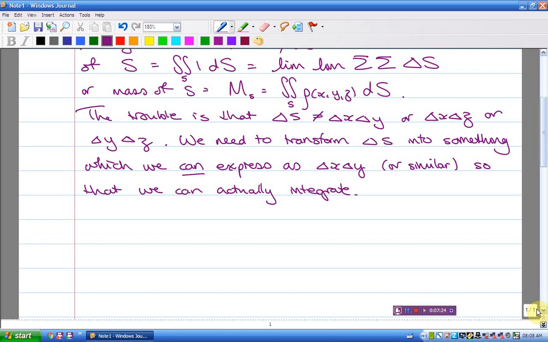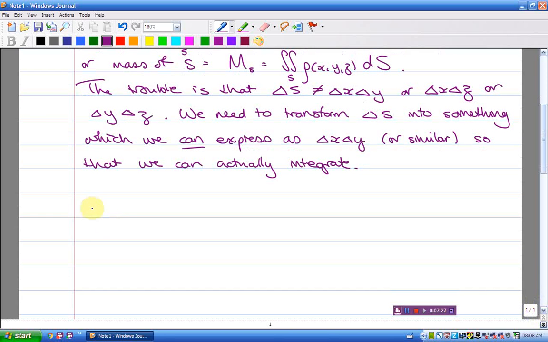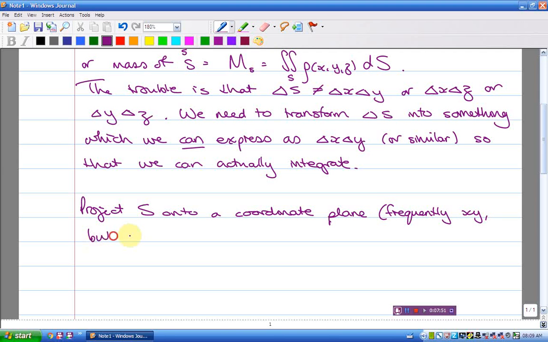So the first thing we're going to do is project S onto a coordinate plane, frequently xy, but not necessarily. And we'll call the projection R.